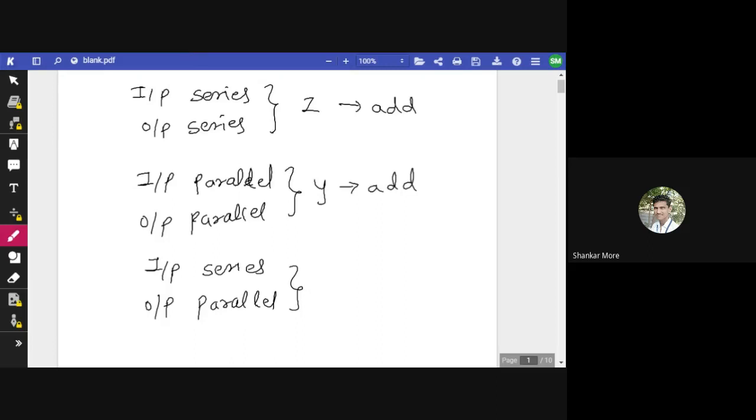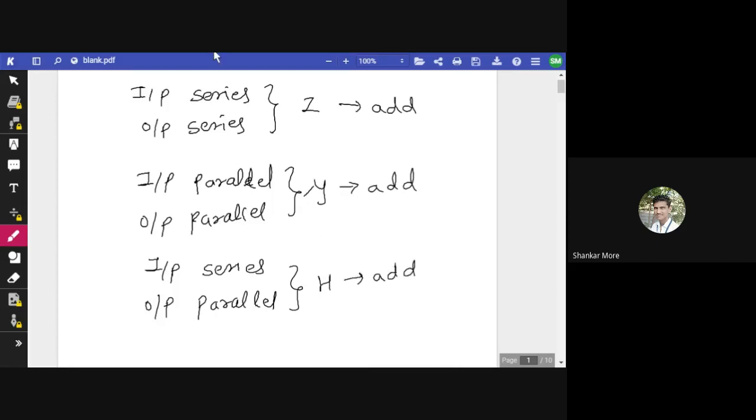Can you guess? Input is in series, output is in parallel. Which parameter might get added? Any idea? No idea? It would obviously be H parameters, hybrid parameters. Are you getting it or not? So H parameters will get added.